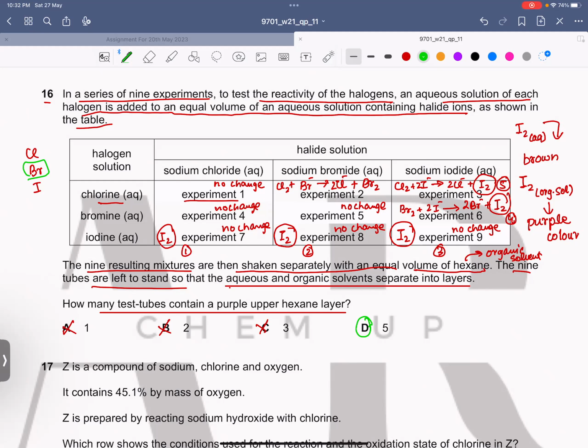Remember, the halogen which is above in the periodic table can displace the anion of the halogen which is below it in the periodic table. So that's why chlorine can displace bromide and iodide, but bromine cannot displace chloride, only displaces iodide, and iodine cannot displace chloride and bromide. Okay.